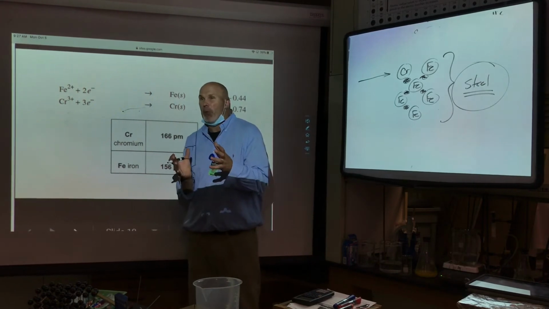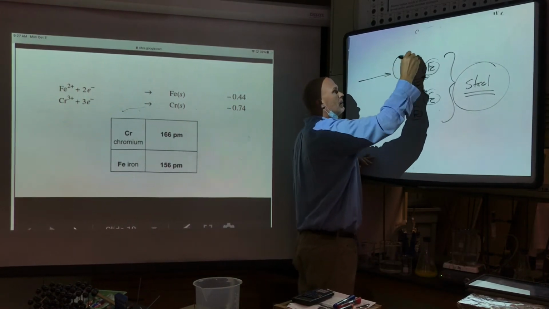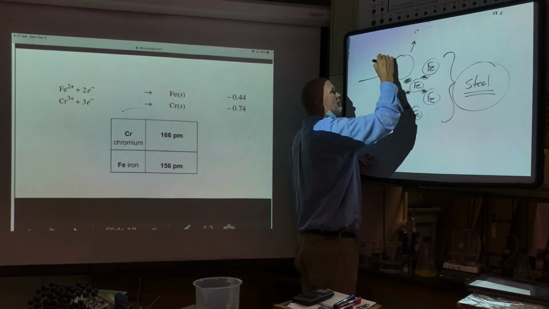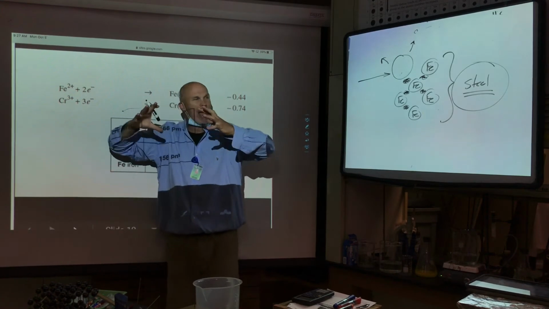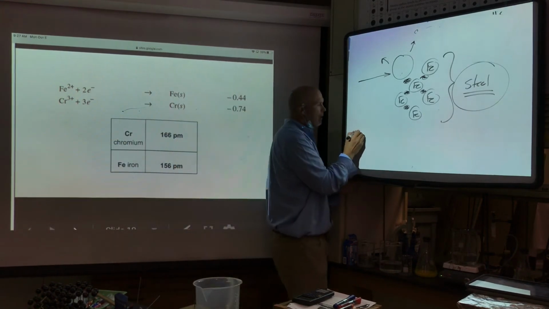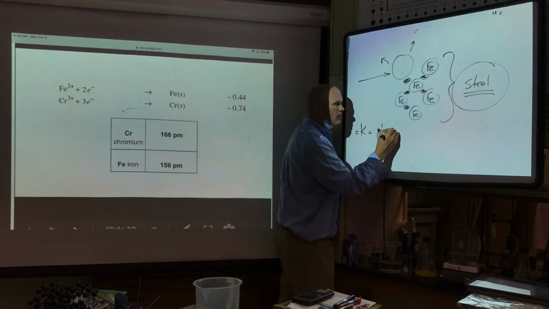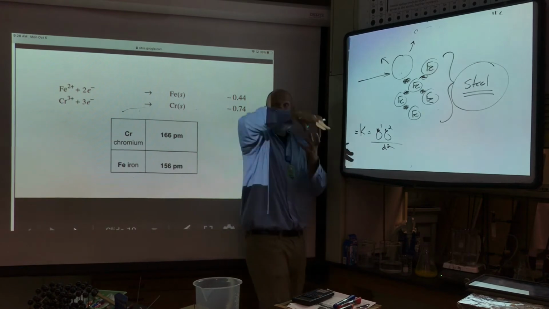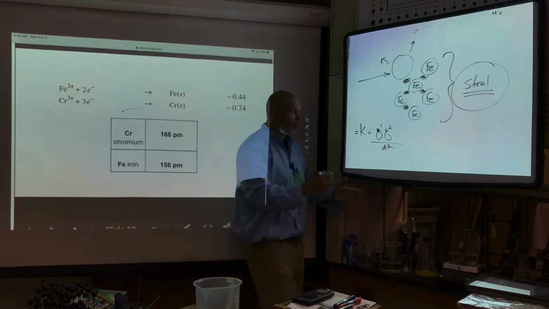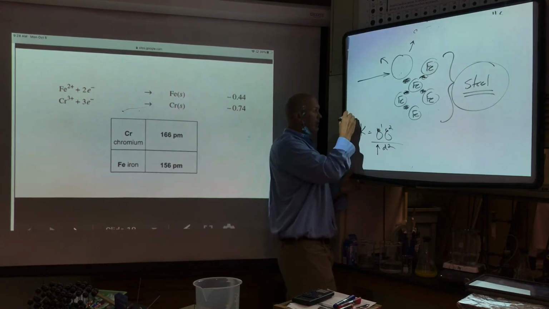Now, why is that important? Well, if this thing is too big, it's going to push other atoms outward if it tries to get into the crystal. And when you push atoms outward, what do we know about Coulomb's law? Q1, Q2 over distance squared. The distance of the other atoms in the crystal becomes big, which does what to the force of attraction?